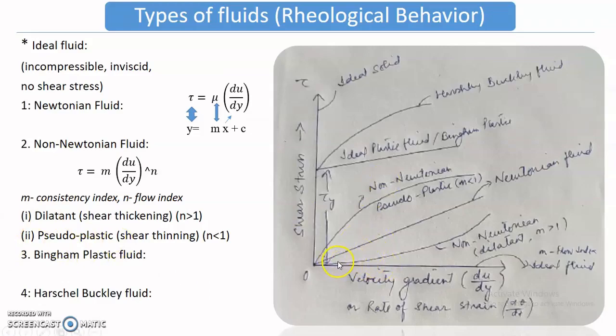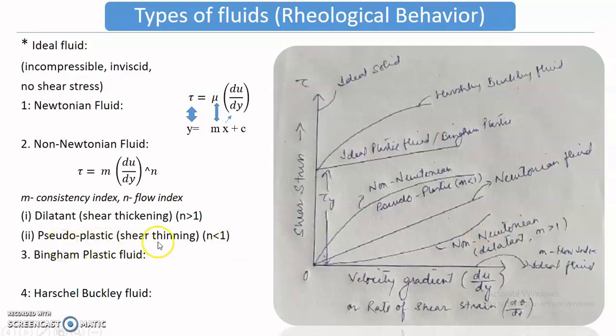When we give the shear stress, the viscosity increases, as you can see from the slope. An example for dilatant is starch solution.